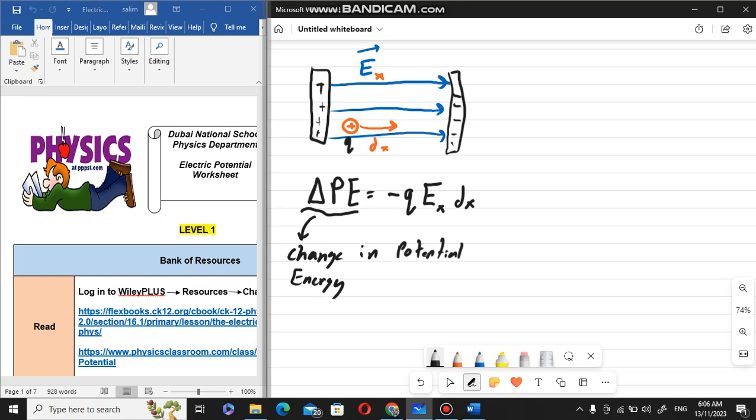One thing you should keep in mind is that we want the electric field and the displacement to be on the same axis. So if I had electric field on x, I take displacement on x. If I had electric field on y, I take displacement on y, and so on.